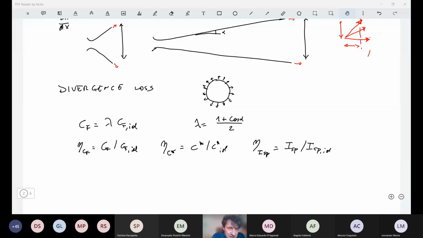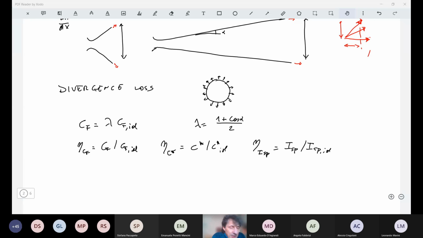Actually, this shape is such an important aspect that it's what defines in the end the possible performance that we can achieve for a given one-dimensional ideal operating condition.